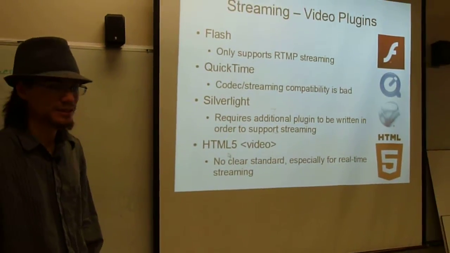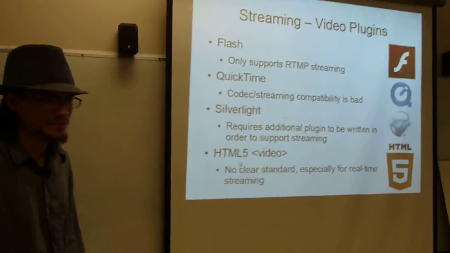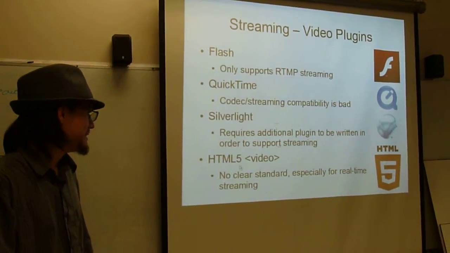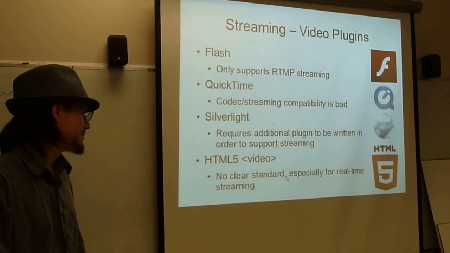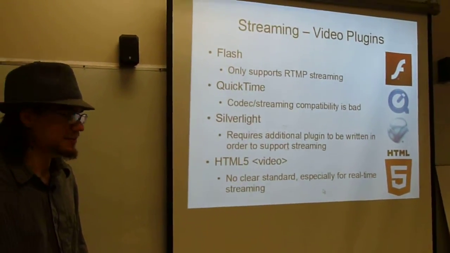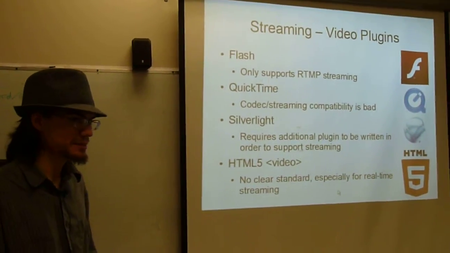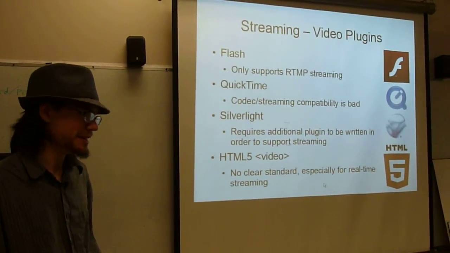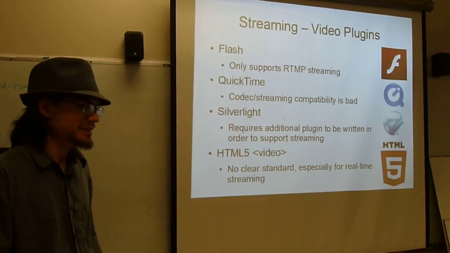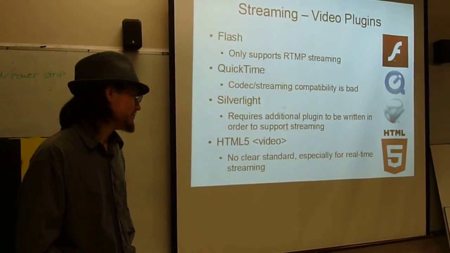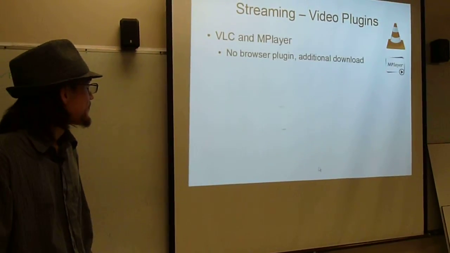And then there's also the newcomer, HTML5's video tag. This was proposed as an open standard. The issue is it doesn't really have any clear standard for video, especially for real-time streaming. With HTML5 video, you just send it a URL to whatever you want it to display, and it may or may not actually display anything. It depends on the browser or the operating system that you're using. So it's unreliable.